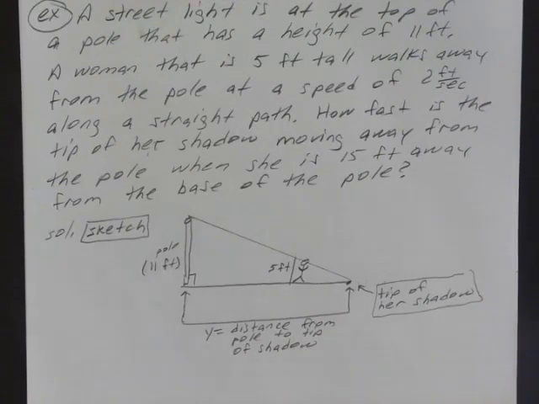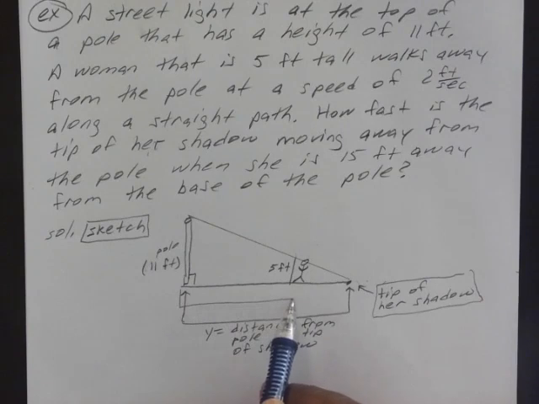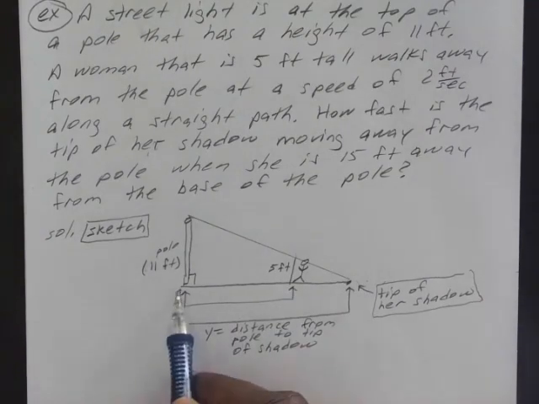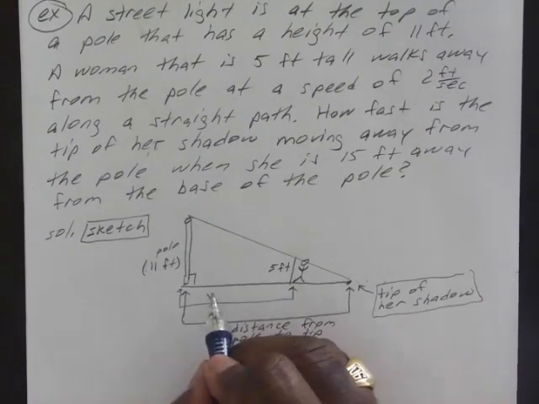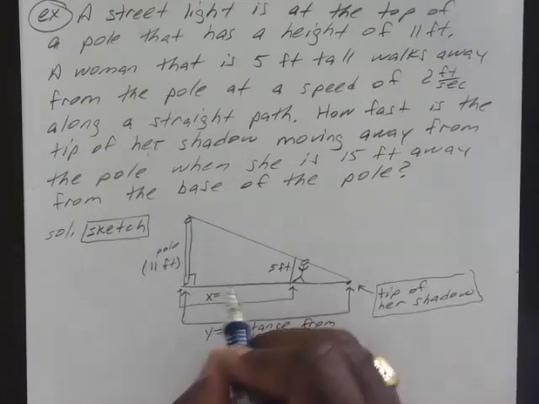Okay, we have no idea what it is, but that's the distance. We'll let x equal the distance from the pole to where she is.